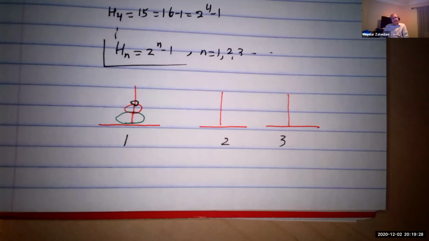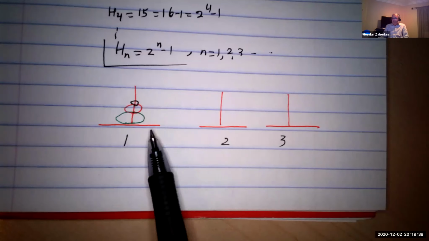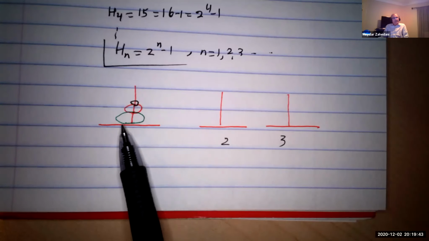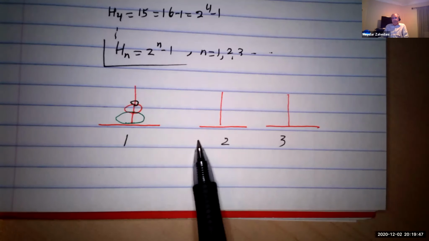Any suggestion? How are we going to do it? Does everybody understand the problem? I have 3 disks here in this order, with the smaller one on the top. I would like to transfer them from the first table to the second one.